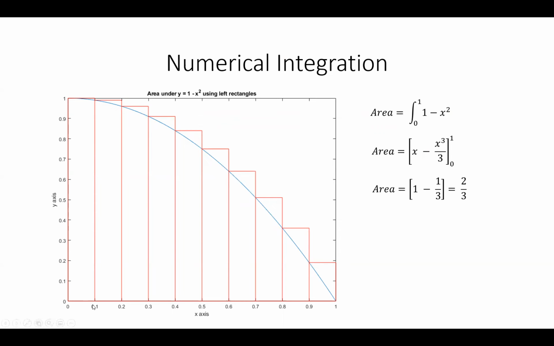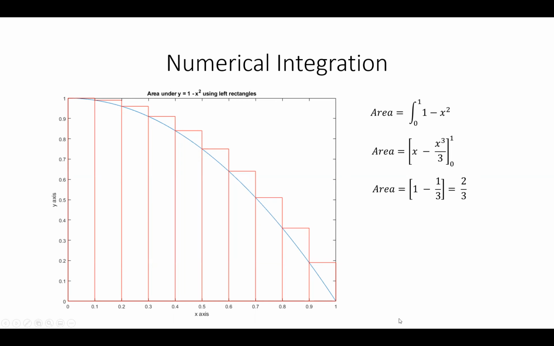The width of the rectangle is simply the difference between neighboring x values, to calculate the area of each of these smaller rectangles. Then we ultimately sum up the area of these 10 smaller rectangles to get an approximation of the value for the integral. In this case, I've also shown you how we would do this by hand. The integral from 0 to 1 of 1 minus x squared simply corresponds to the value 2/3.